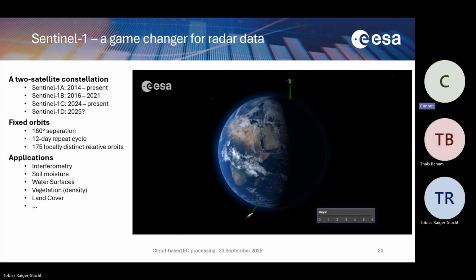Starting with interferometry, but not only, we can retrieve soil moisture and water surfaces, vegetation, land cover. And by the way, this is all stuff that we also take care of at TOBN, apart from interferometry.